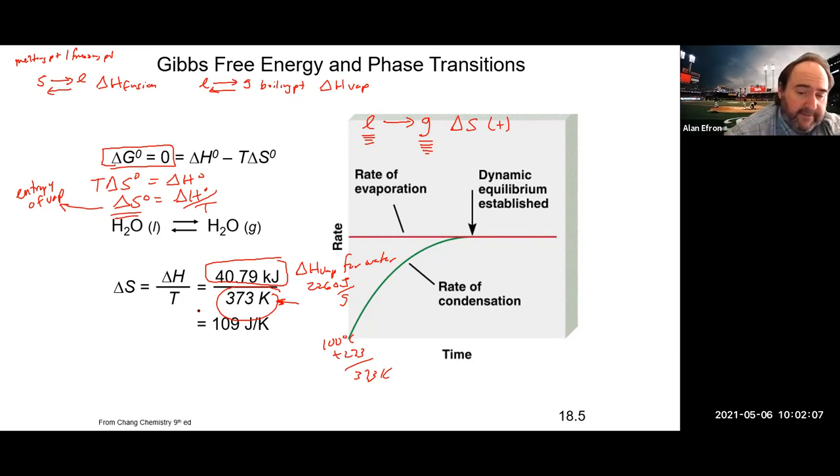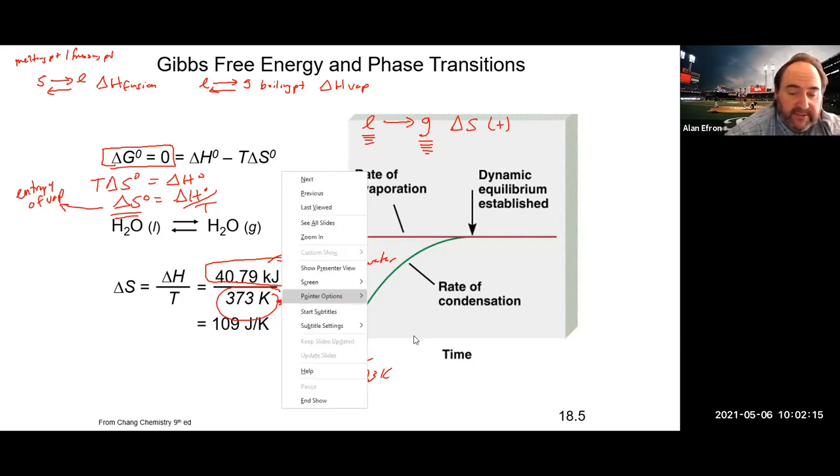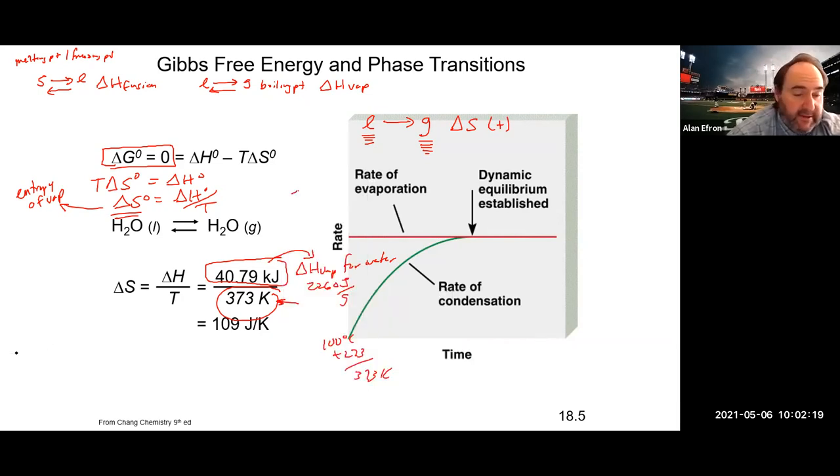Now, what would happen if we were actually talking about specifically going in the reverse direction, and it was implied that you're doing something like condensation, right? So condensation would imply that you're heading in this direction, going from gas back to liquid.